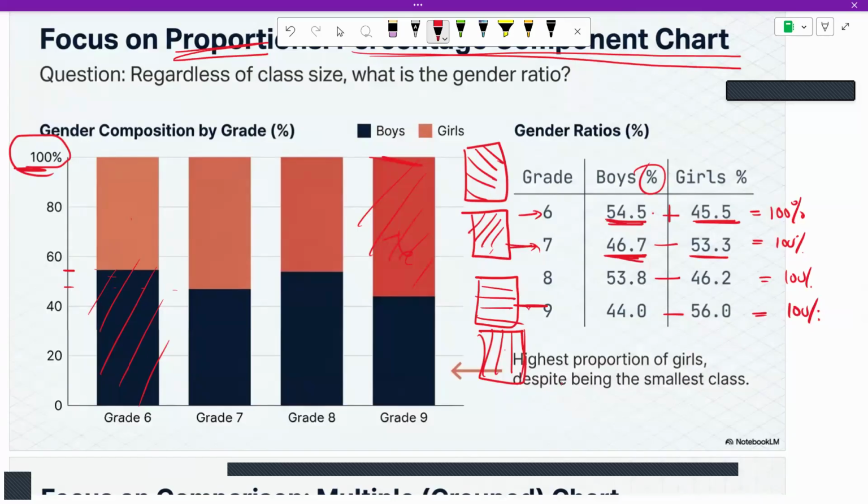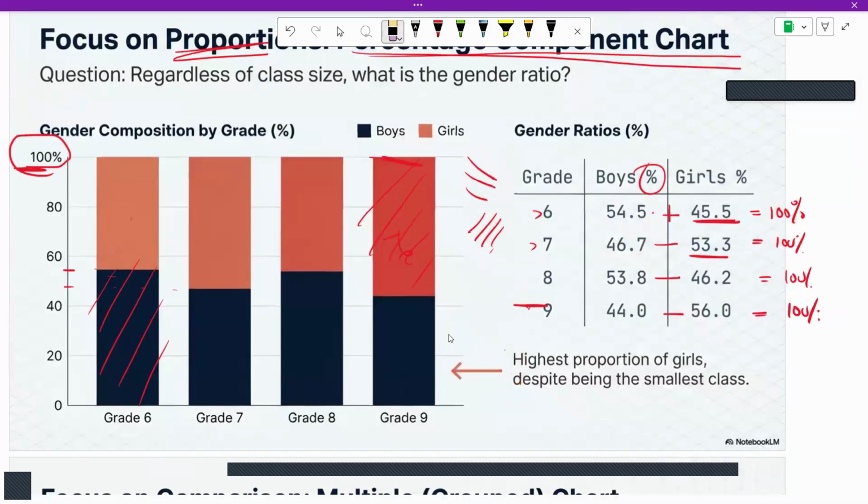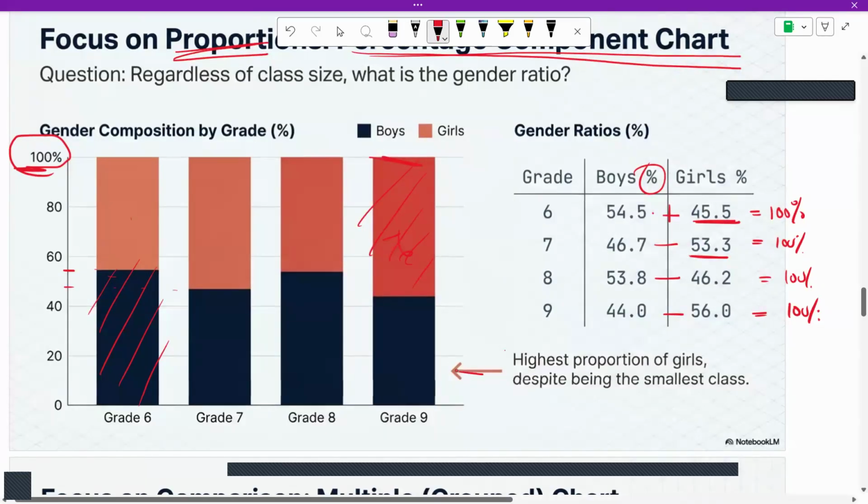Here is the highest proportion of girls, despite this being the smallest class.